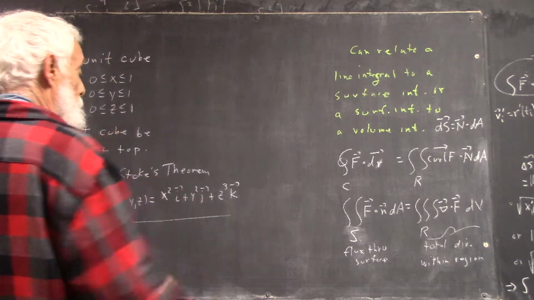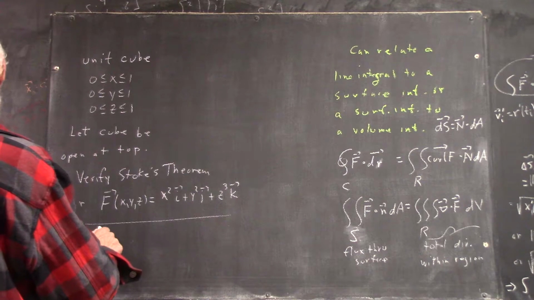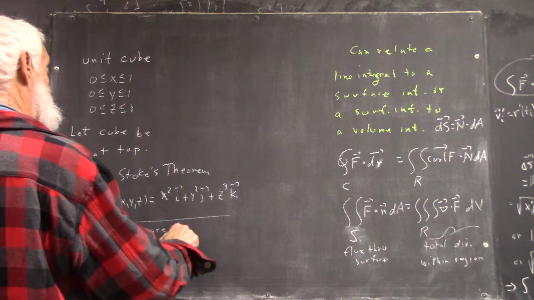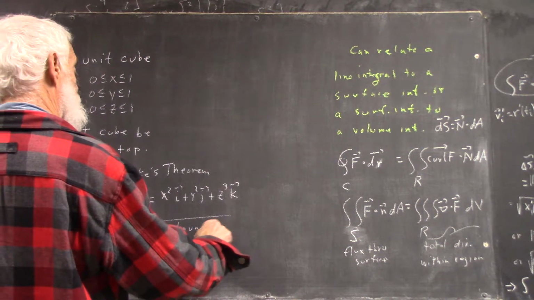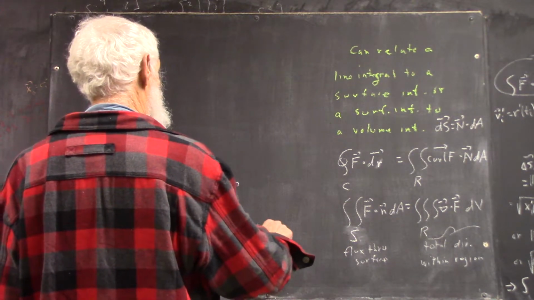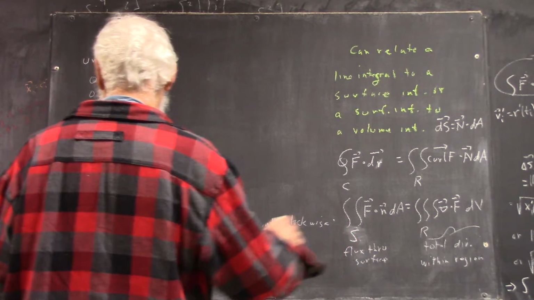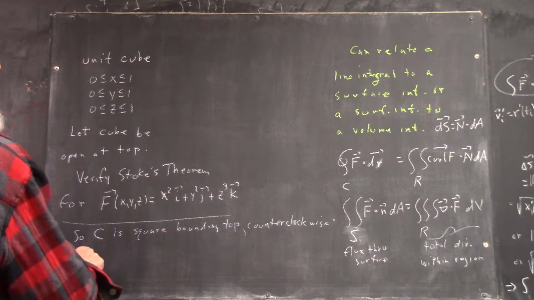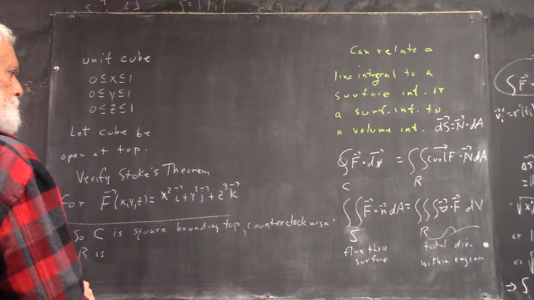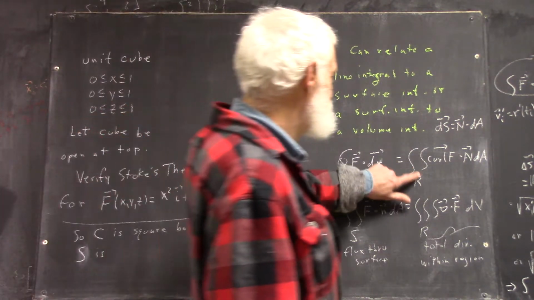Okay, well, I want to verify Stokes' theorem for this. So it's a square bounding the top, and it's counterclockwise, right? And then your region R, I'm going to change my notation.